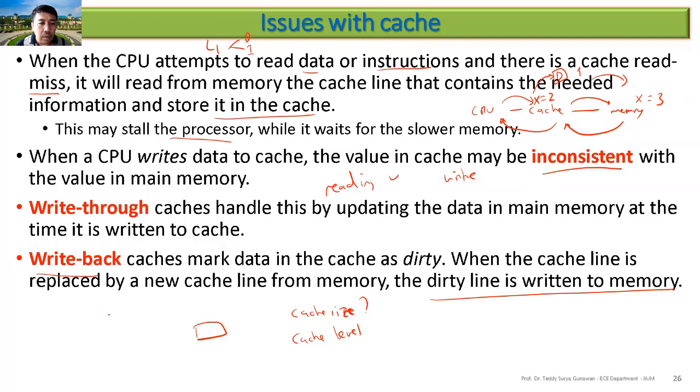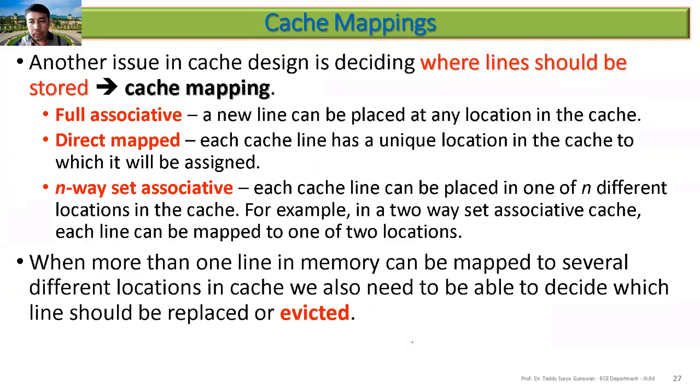The more levels you have, the more complicated it is. If you have 3 levels, the writing problem persists into the 3 levels as well. If you modify something on L1, you need to pass it back to L2, then L3, then to the main memory. And if the cache is full, which one is to be replaced? So you also come to something like a replacement algorithm. Okay, let's move on.